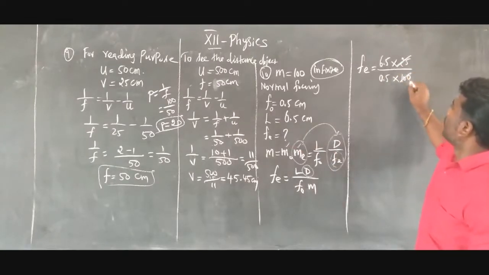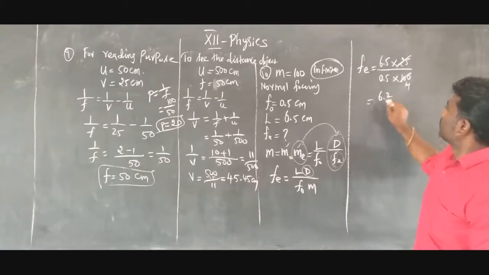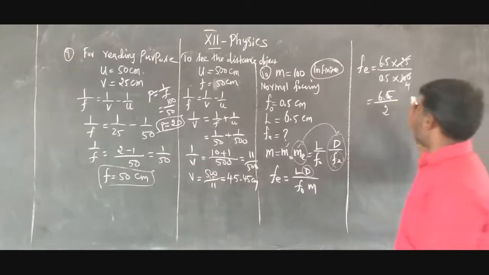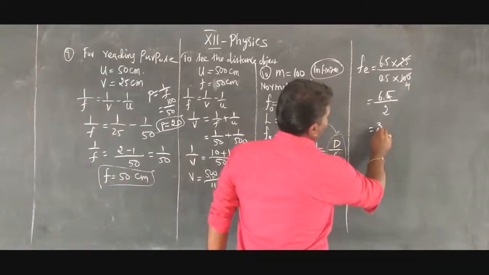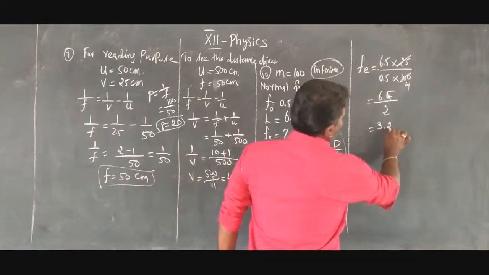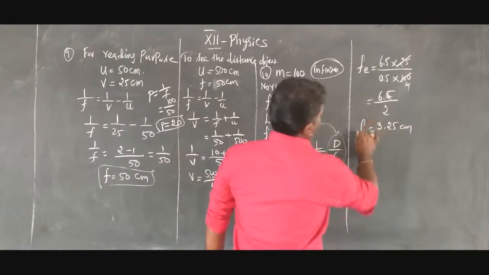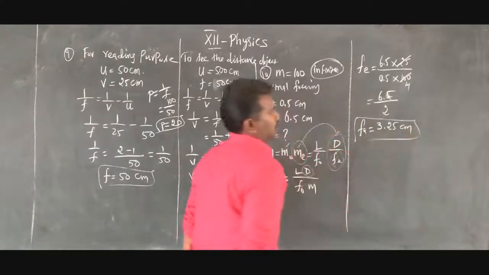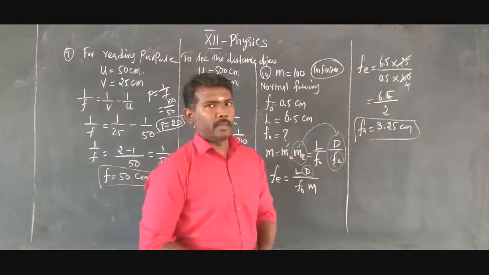So simplify it: 4 times 2, 6.5 divided by 2. So the answer is 3.25 centimeter. So the FE value is equal to 3.25 centimeter.